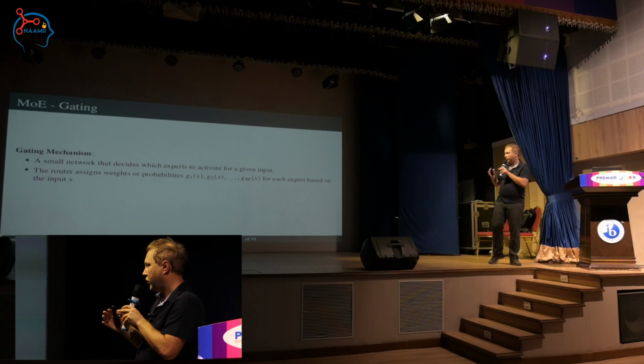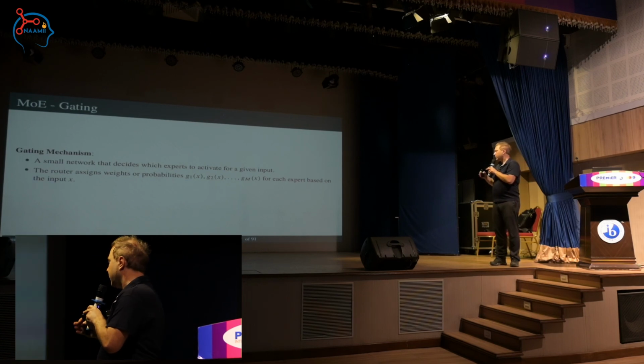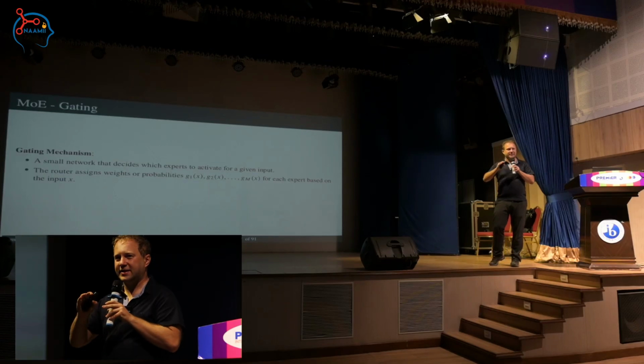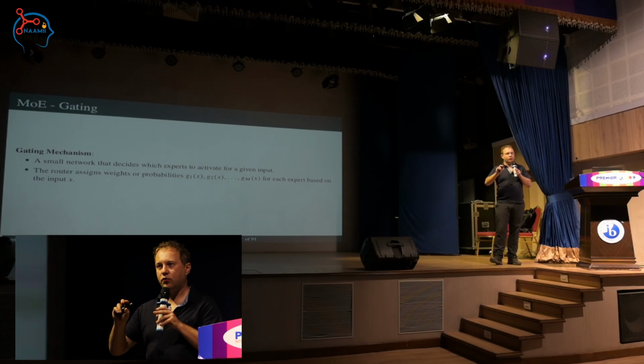This gating network assigns weights or probabilities to each of the experts. It's a typical small one-layer neural network which ends with a softmax layer.